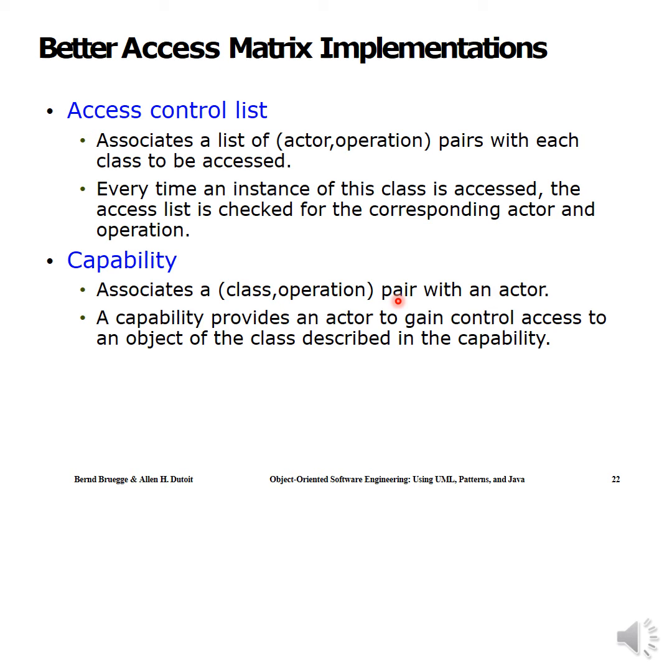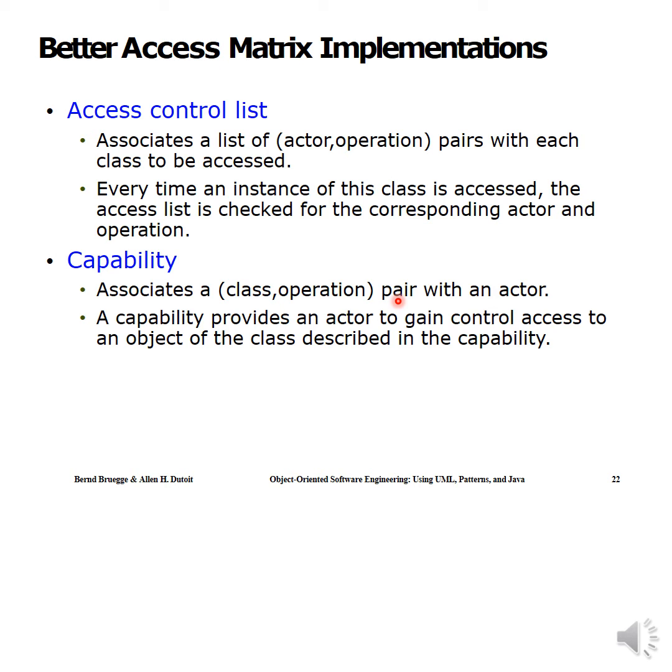An example of it is an invitation card for a party. In this case, the butler checks if the arriving guest holds an invitation card. If the invitation card is valid, the guest is allowed, otherwise not.